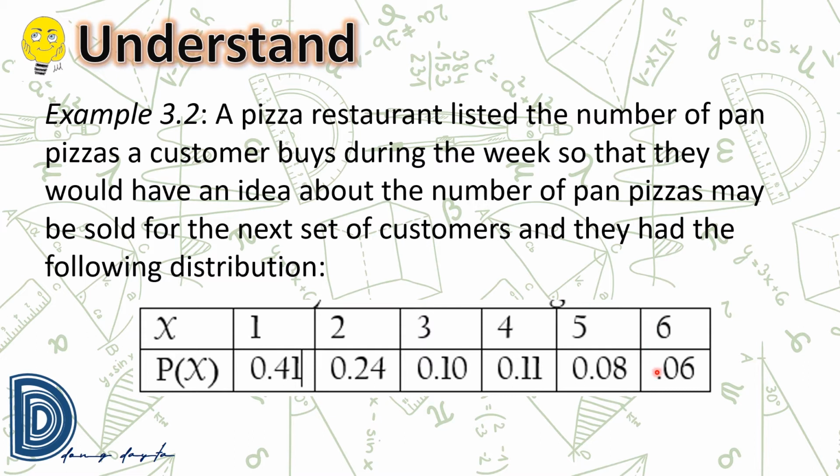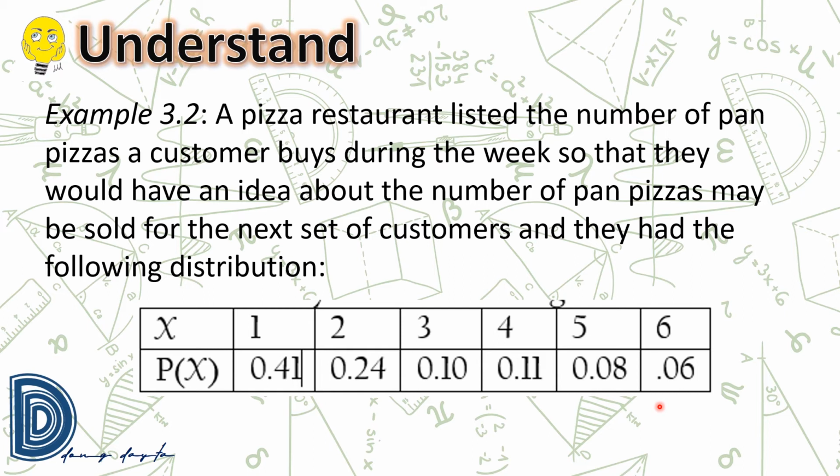So let us check if the probability distribution satisfies the requirements. We see that there is no negative probability. And let us get the sum. 0.41 plus 0.24 is 0.65, plus 0.10 is 0.75, plus 0.11 is 0.86, plus 0.08 is 0.94, plus 0.06 is equal to 1.00.